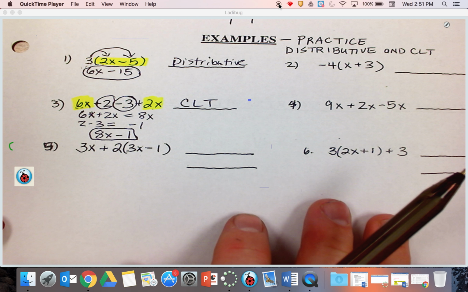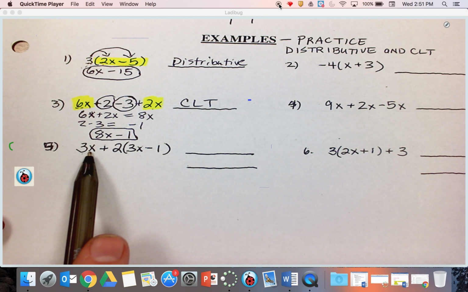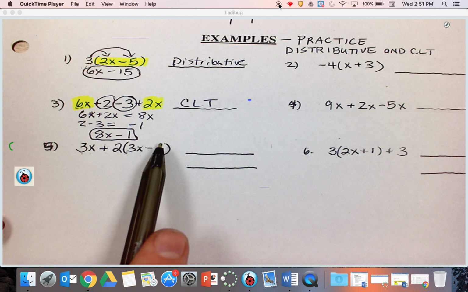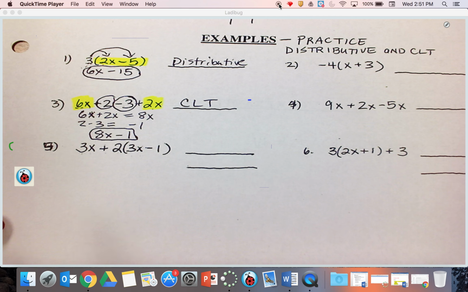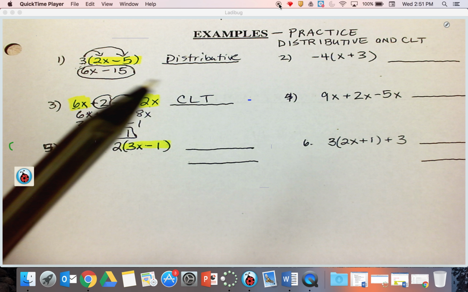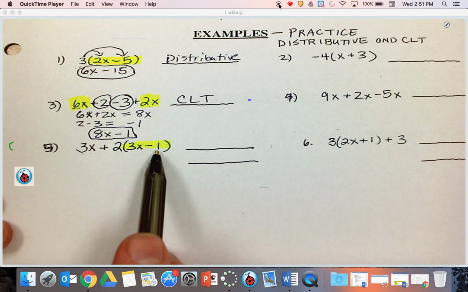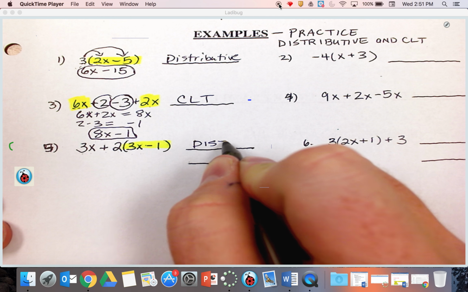Number 5, let's take a look at number 5. You've got 3x plus 2 parentheses 3x minus 1. There's the parentheses right there. So you should remember that the parentheses means that this 2 is being multiplied by everything inside. So my step 1 says I need to distribute.